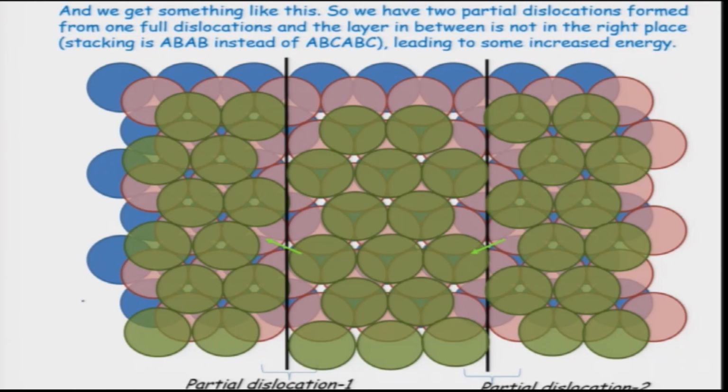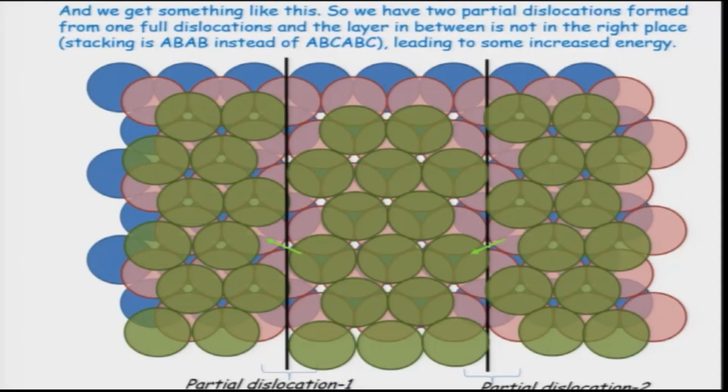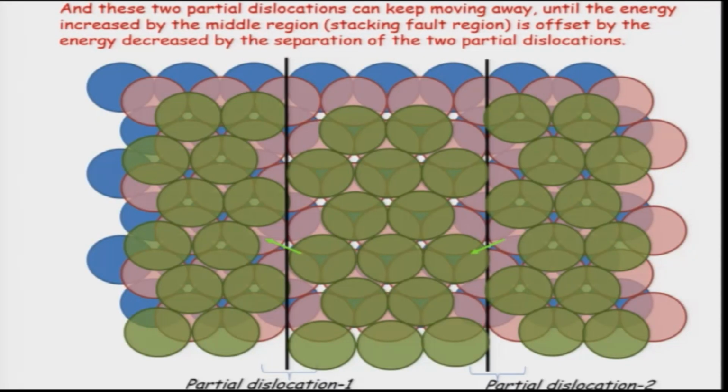To the left of this we have the perfect crystal, and to the right of it we have the perfect crystal. So, a full dislocation line has dissociated into two partials, and assuming that there is a net repulsion, which we will see later when we come to the mathematics of it, these will keep moving away, and there will be a stacking fault region which will have some energy raised.